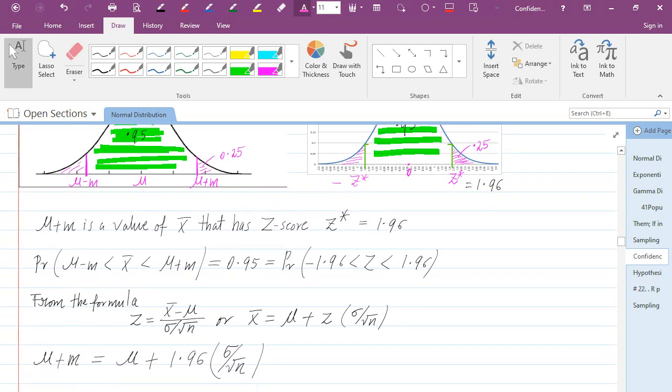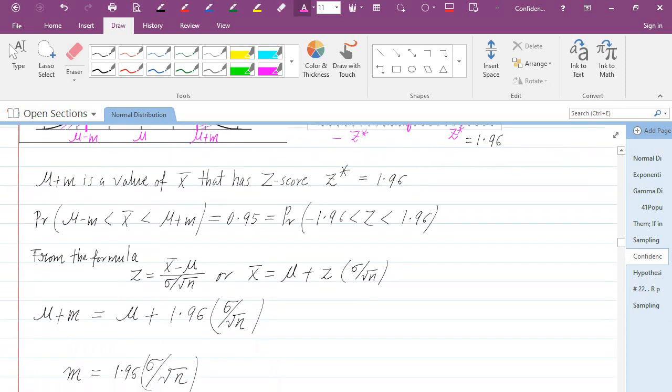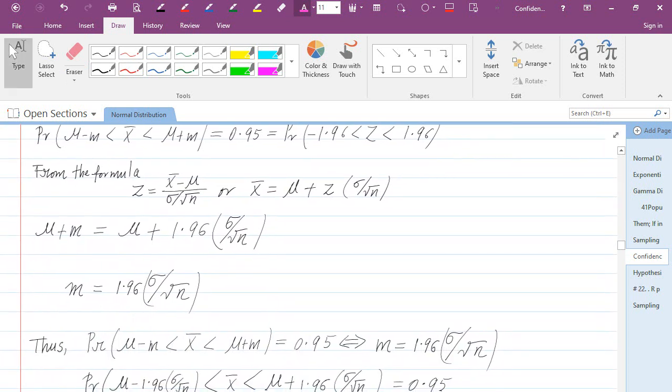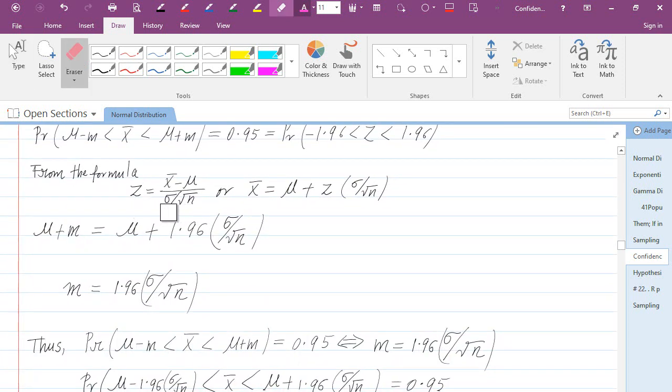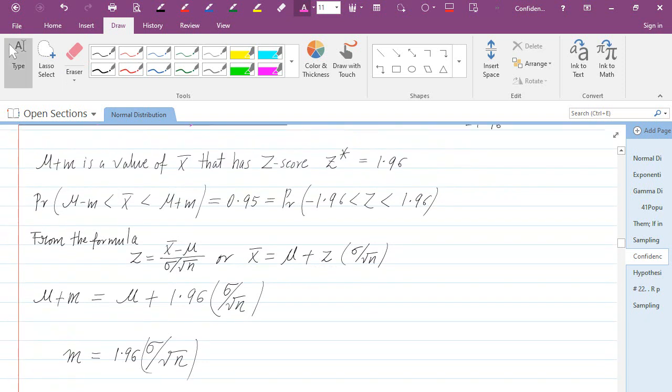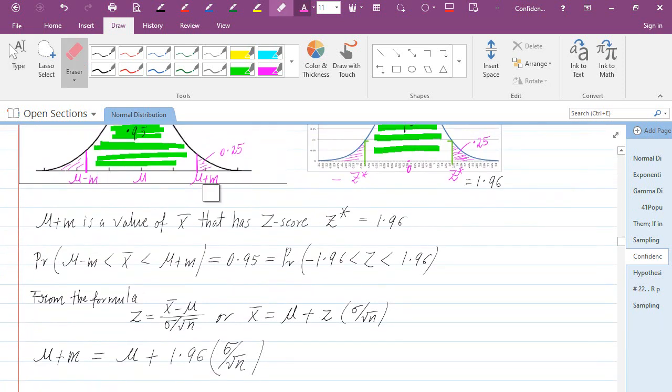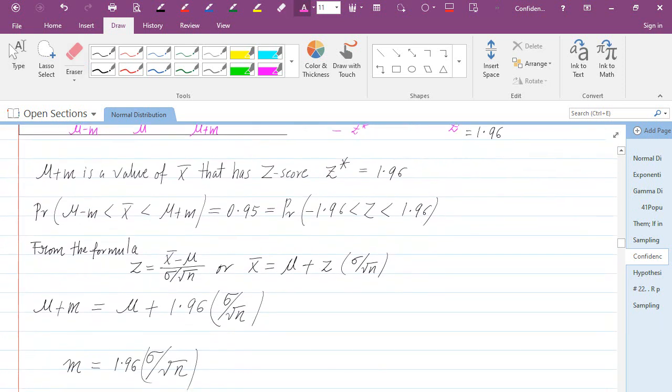So from the formula for the z-score, which can be rewritten as this, the value of x bar we're going to pick is mu plus m, and so again mu plus m has z-score 1.96.